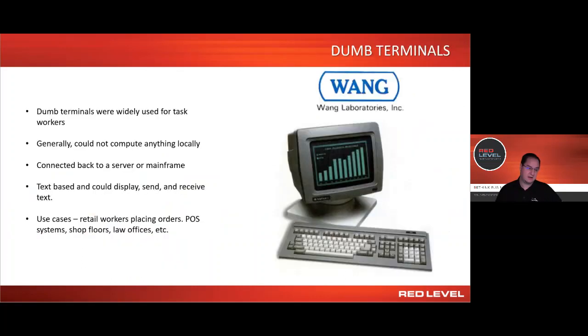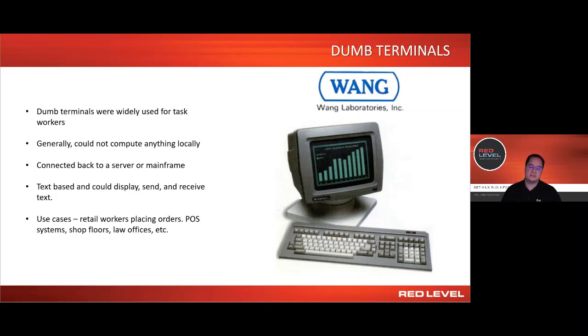So the first place to start is dumb terminals. These are still used today, but dumb terminals were widely used for task workers. So a lot of point of sale systems. The way that they worked was they were just output of text or very simple pixely graphics.